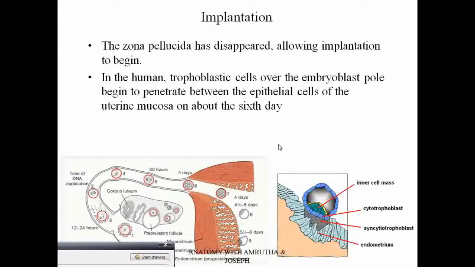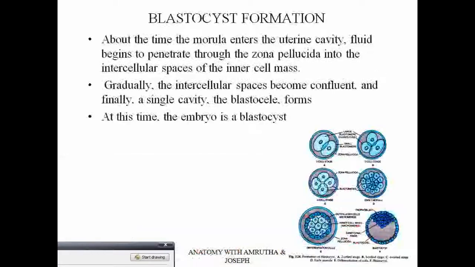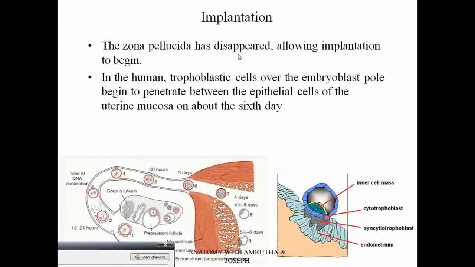Now implantation. We have seen that the zona pellucida is present in this stage, but in the next stage the zona pellucida is almost disappearing. When the zona pellucida disappears, implantation can begin. The zona pellucida is the one which prevents the zygote from implanting into nearby structures.